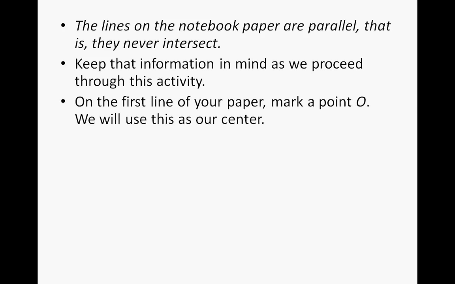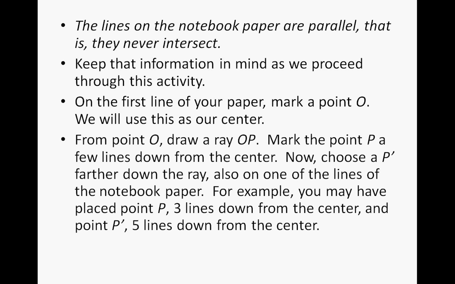On the first line of your paper, mark a point which we'll call O. Make that close to the center of your paper, in between the left and the right side. We will use this as our center. From point O, draw a ray, probably going a little bit to the left of center, but it doesn't have to be completely straight out.